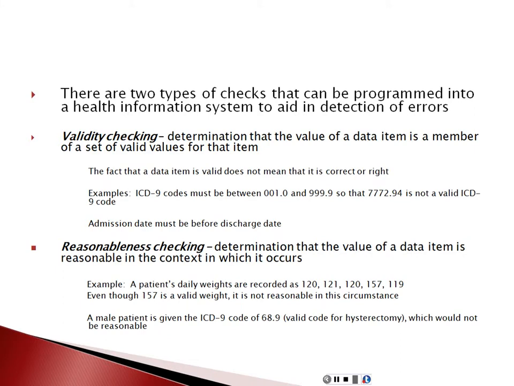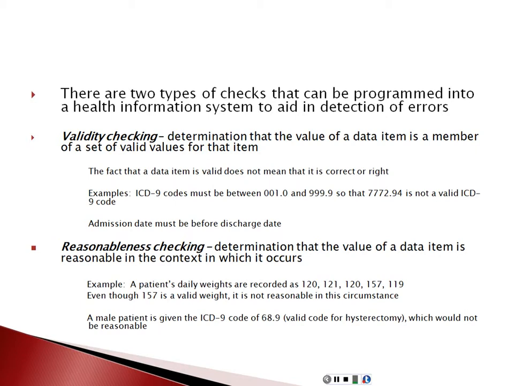It's just not normal. I mean, it could happen in some disorders, maybe a huge accumulation of fluid in the body or something, but under normal circumstances, this just isn't reasonable. Again, it's valid. And remember, under validity checking, we said just because something's valid doesn't mean it's correct. So those are valid numbers, they're not reasonable.